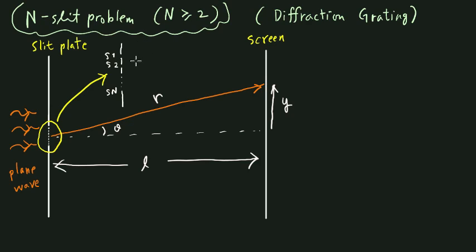So instead of 2 slits, we just have more slits. That's the only difference from the Young's double slit problem. As in the previous problem, we will define the slit to slit distance as d. So that means the size of this slit mechanism is actually n minus 1 times d.